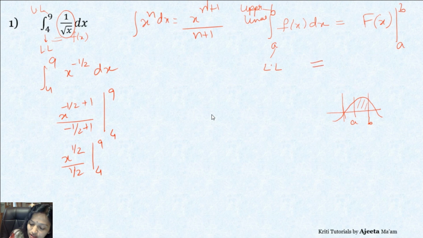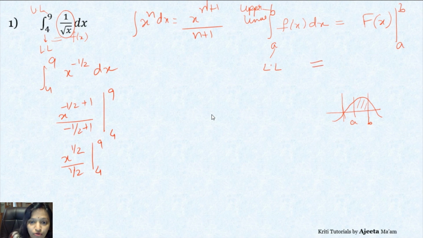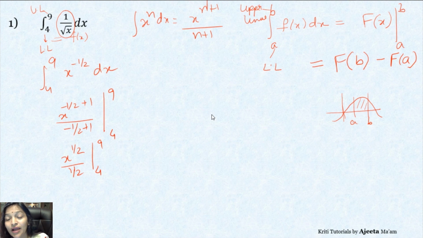After this, whatever integration you have got for the function, upper limit ki value you will put minus lower limit ki value. That is F(b) minus F(a) you have to do. So, for the given question, what you have to do is 9 raised to half minus 4 raised to half. This is what you are supposed to calculate.